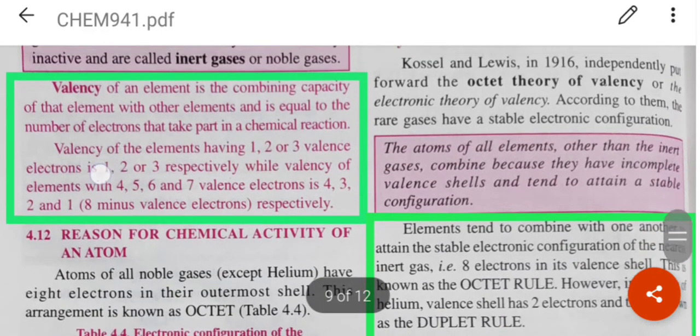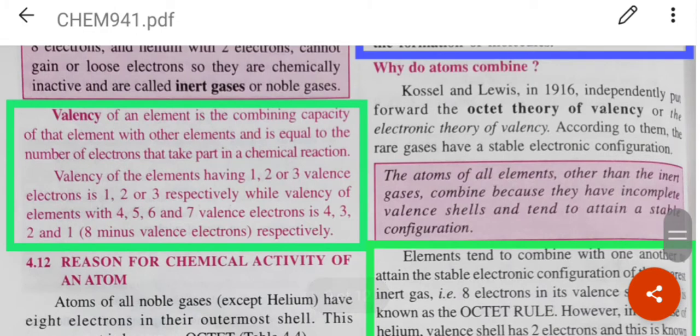Now let's see the definition of valency, very important. Valency is the combining capacity of an element with other elements and is equal to the number of electrons that take part in a chemical reaction. That means valency is also equal to the number of electrons shared or transferred during a chemical reaction.